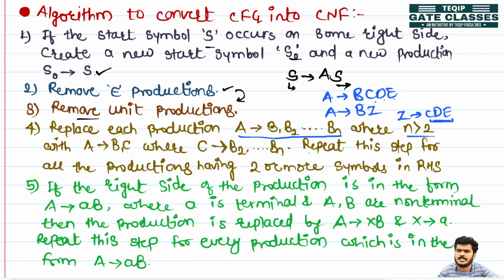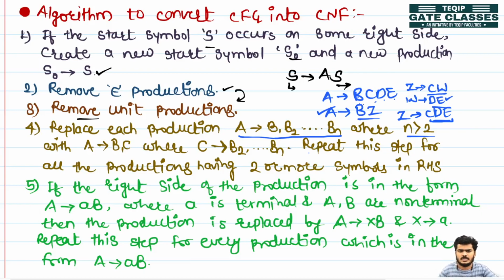Z is producing C D E, so I will write Z produces C W, and W produces D E. Finally we come with only productions which are allowed in CNF: A produces B Z, where both are non-terminals on the right side; Z produces C W, both non-terminals; and W produces D E, both non-terminals. So this satisfies the rules of CNF.